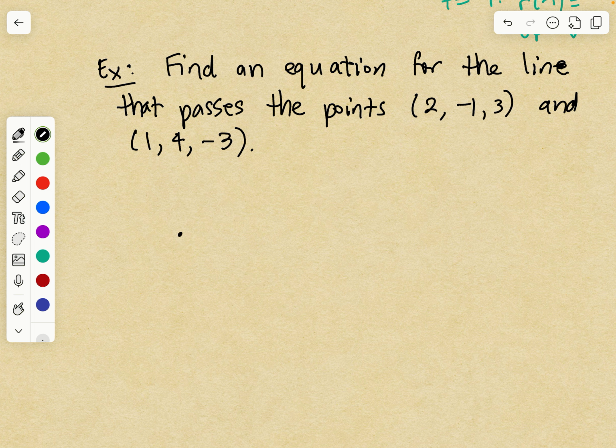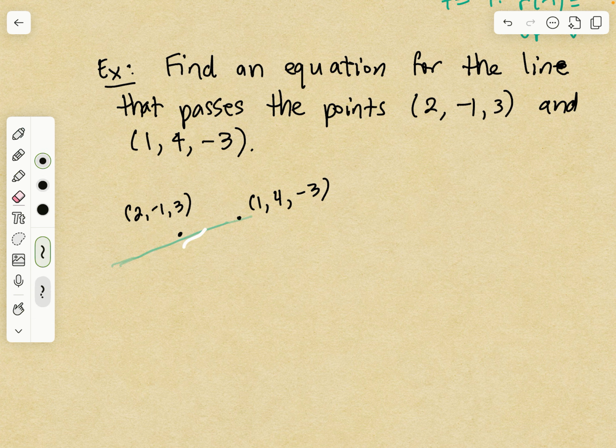So you have this point, 2, negative 1, 3. I'm just drawing a picture to illustrate the point. I mean, these aren't necessarily where the points are. And then here's 1, 4, negative 3. And you want the line that goes through these 2 points, like this. Okay, that's the line that we're looking for.